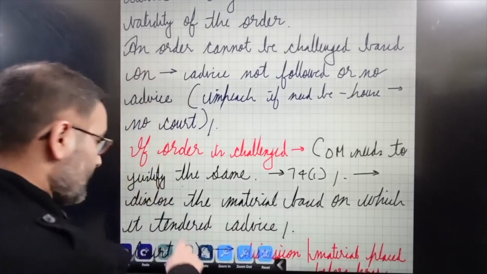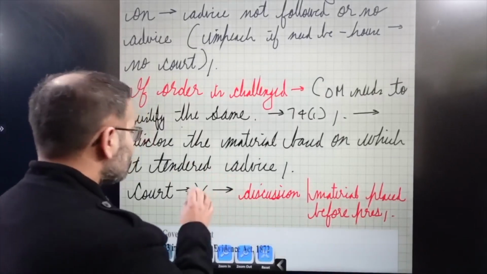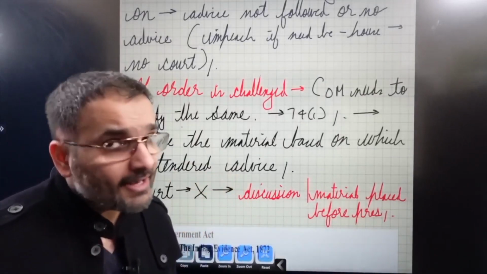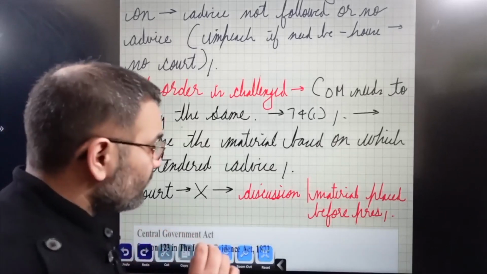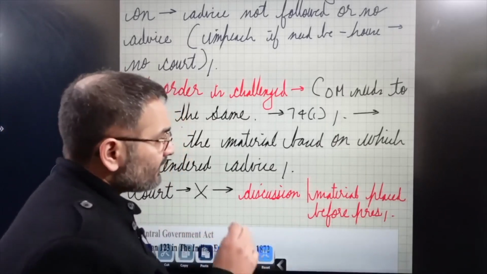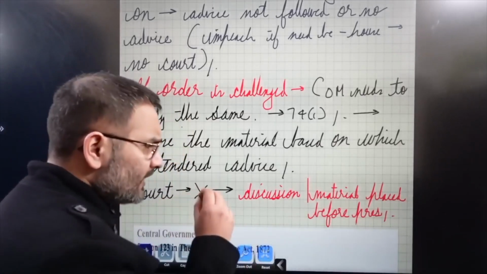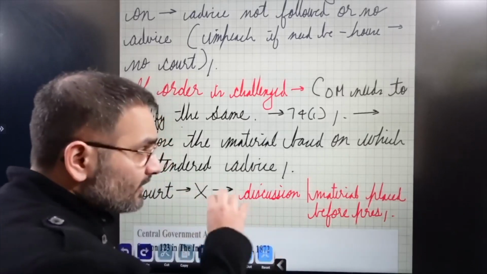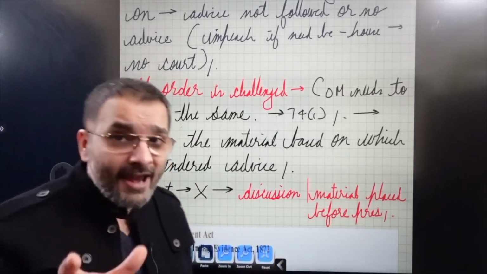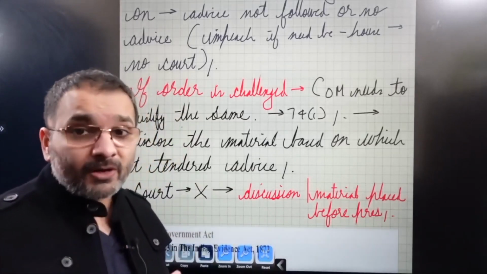Now, hang on. You will have to disclose the material based on which the Council of Ministers tendered the advice. The court does not care whether any discussion happened on that material. The court does not care about the contents of the discussion between the ministers and the president. The court does not care whether that actual material was placed before the president before giving him the advice.